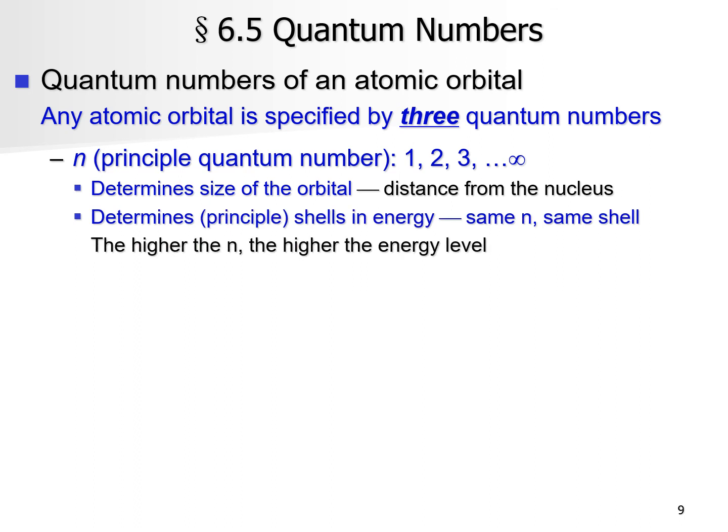Second, it determines the principal shell in energy. If we have atomic orbitals with the same n, that means they must be in the same shell. We borrowed the shell from Bohr's model as well, to tell the energy level that an electron must have.